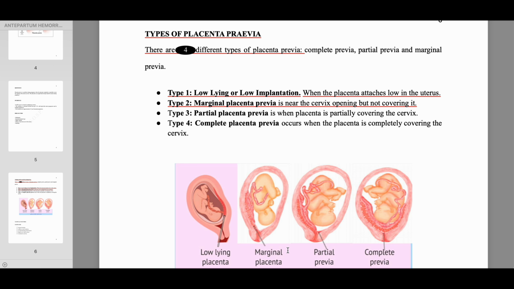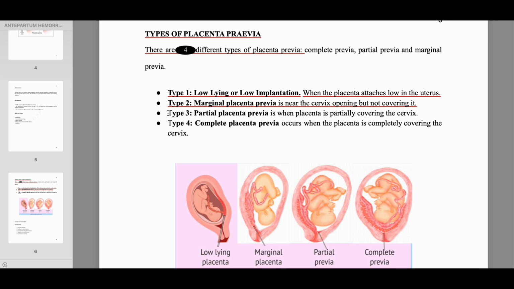When the placenta is implanted in the lower segment of the uterus, but at the edge, or margin, of the opening of the cervix, like this. So this is marginal placenta previa.